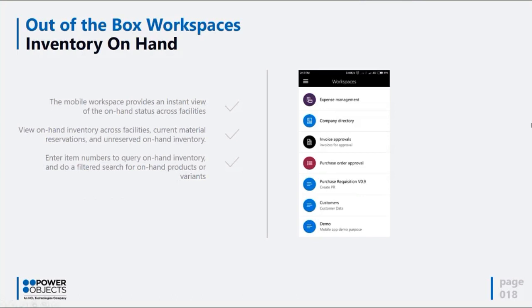And that inventory is displayed in a couple different ways, like physical inventory, the total amount, physical reserved inventory, the reserved amount, or inventory that's physically available, that has no reservations.